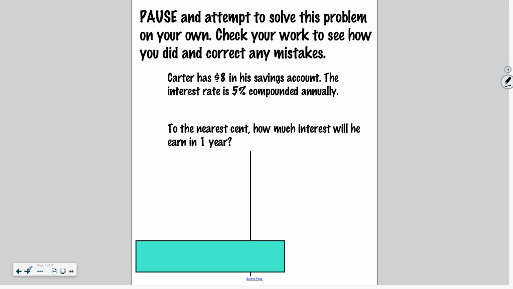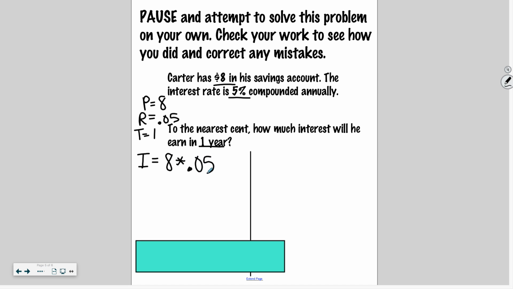So here, my principal is $8. My rate is 5%, so that's 0.05. And my time is 1 year, which is nice because it's just one, right? So my interest equals 8 times 0.05.